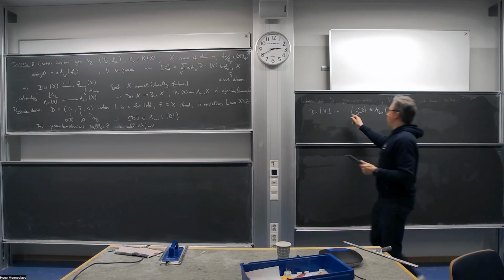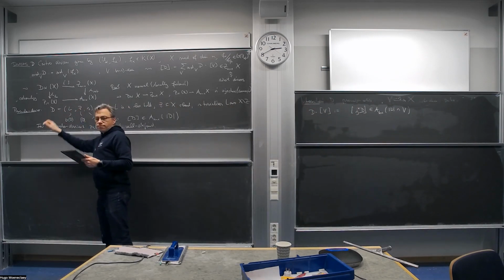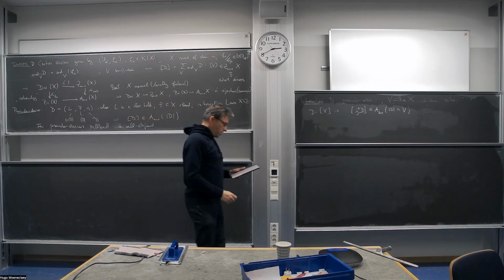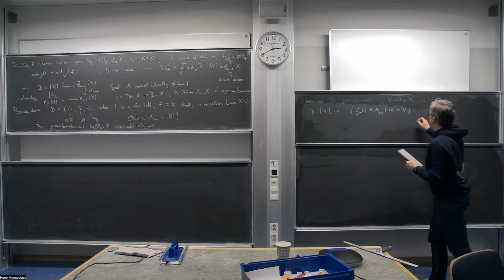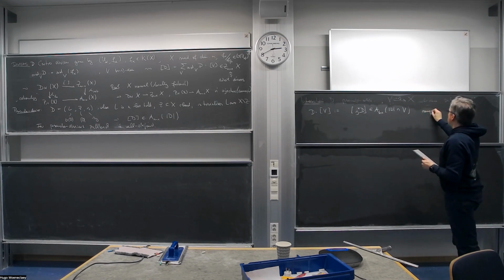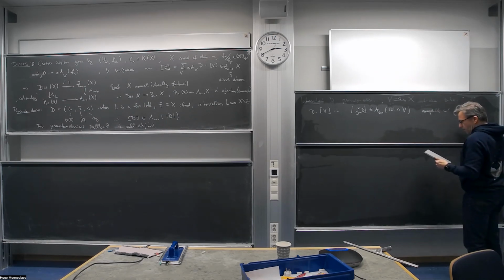And then we have a bit more information, we can also do the section. And then we get something like this. And this construction is compatible with pullback, and we also have a projection formula.